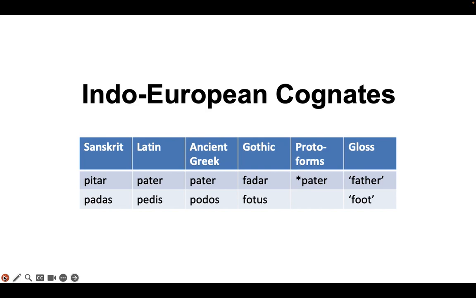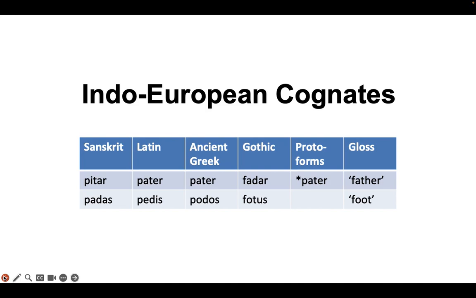This shows that there has been some systematic sound change, and most likely, if you were to look at other words that start in p in some of these languages, you would find that those words also start in f in Gothic. So this is not just a sound change that happened in one word, but a similar change happened in many words.